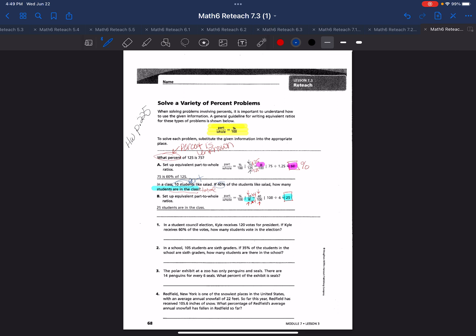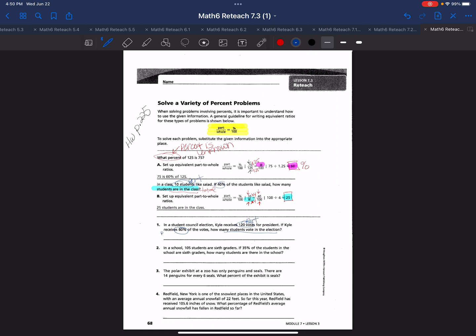Let's work on a few more together. In a student council election, Kylie receives 120 votes for president. If Kylie receives 60% of the votes, how many students vote? So again, that's going to be the total, and this is going to be the part.